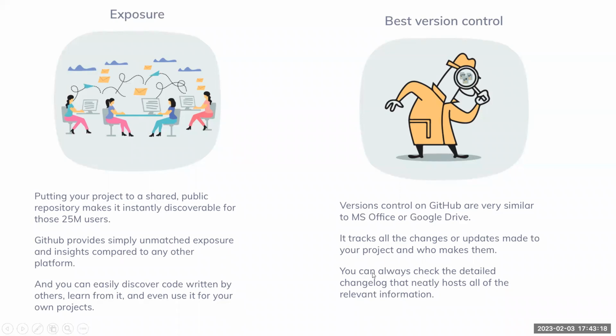It's open source, but you can also make your Git code private, so only you can see and access it, password protected. But that is mostly available only for premium users.